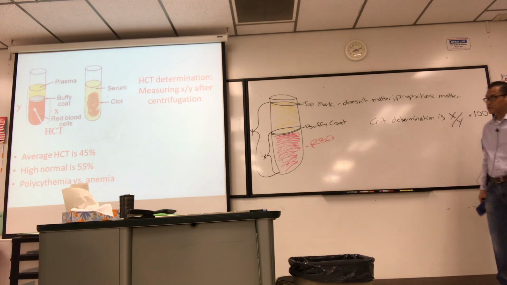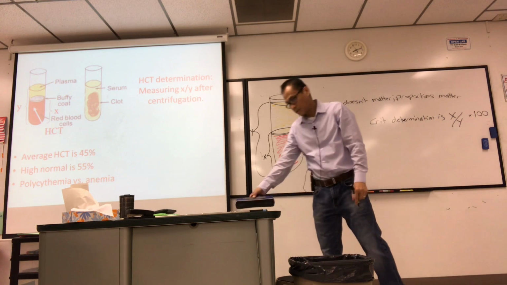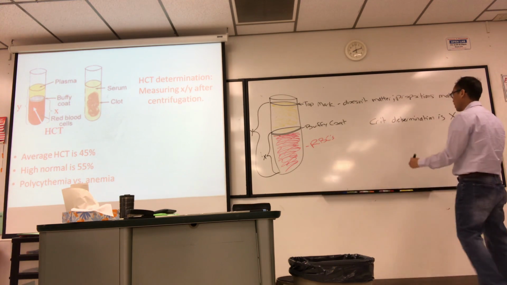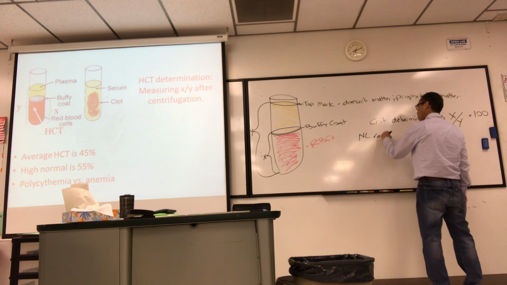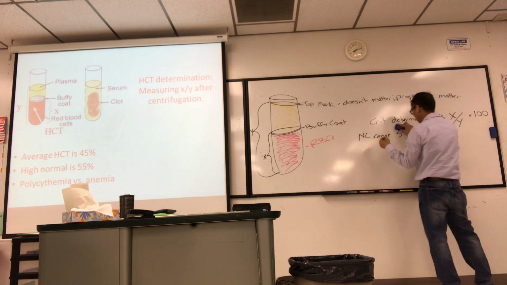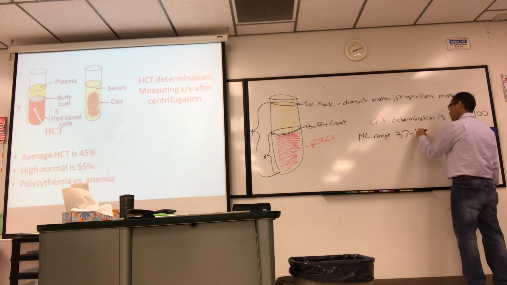So it's a percentage. And normally, let me give you a normal range. I say average is 45. The normal range, NL is normal, let me give you the low end first: 37 to 54.